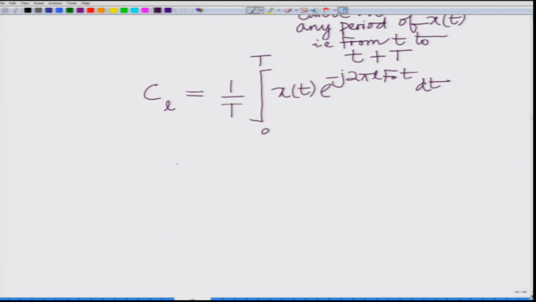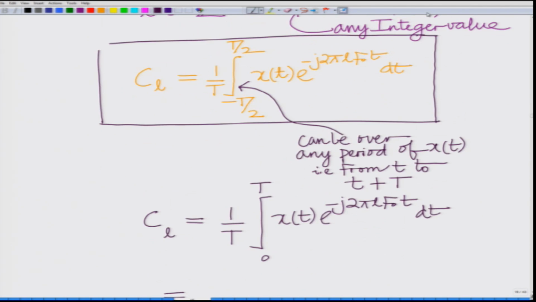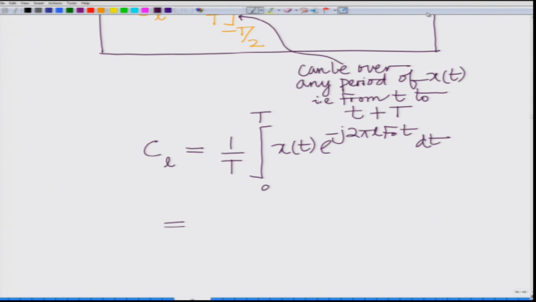Now, remember our signal is a pulse of width T by 4, and let us make the pulse height A, and therefore this is A for 0 less than or equal to t less than or equal to T by 4.